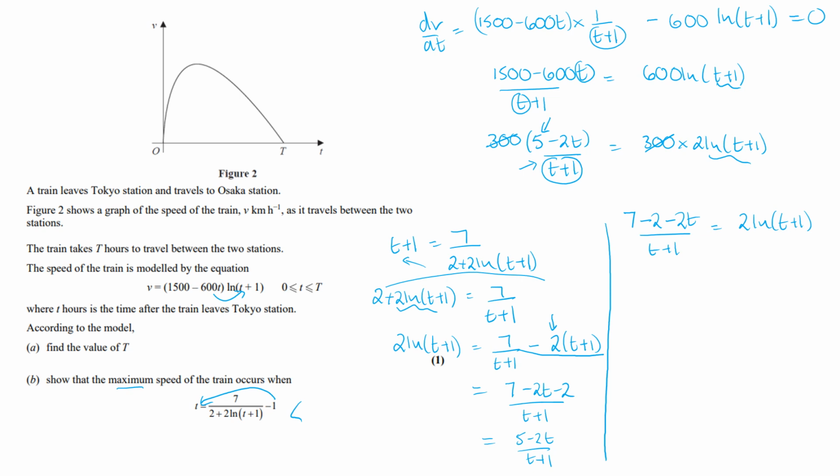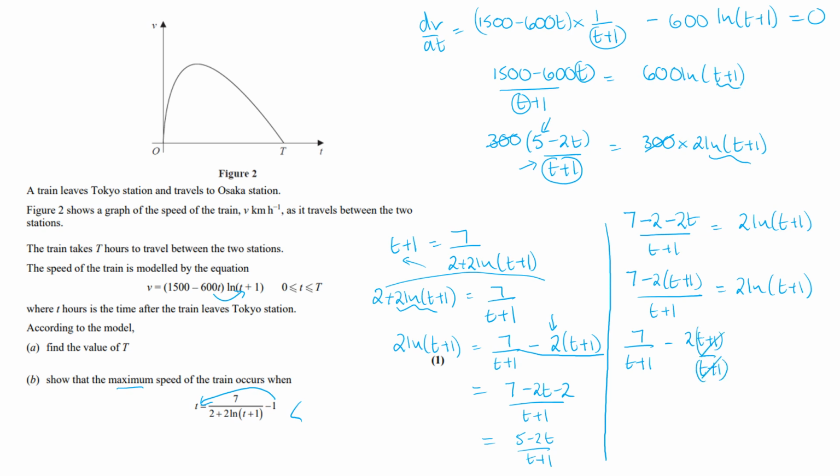Then I need to factorize, so 7 minus 2 t plus 1 over the t plus 1 equals 2 the ln of t plus 1. Then I need to split this up. We've got 7 over t plus 1 minus 2 t plus 1 over t plus 1.